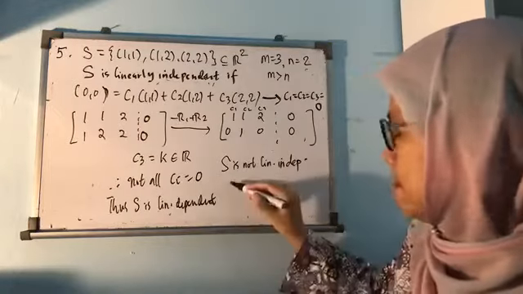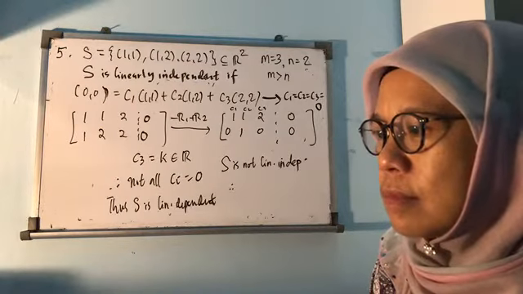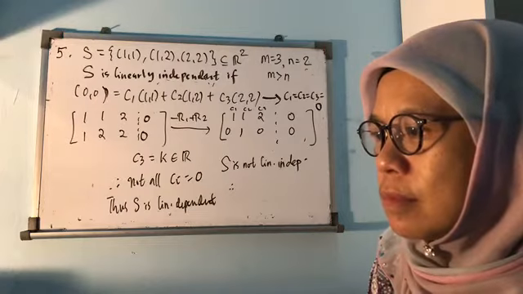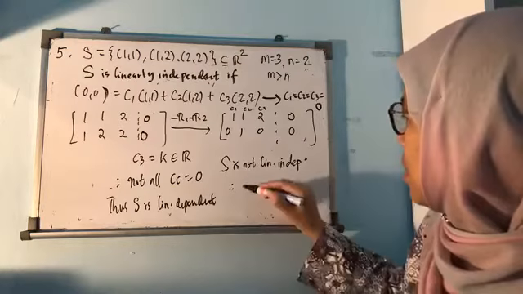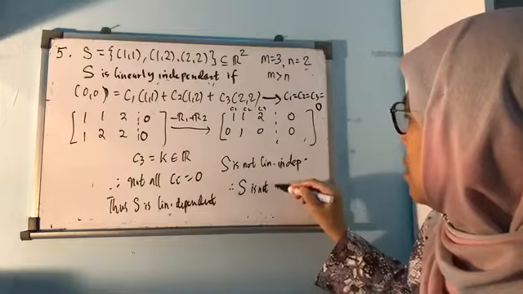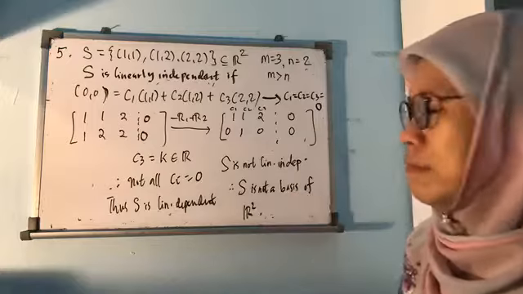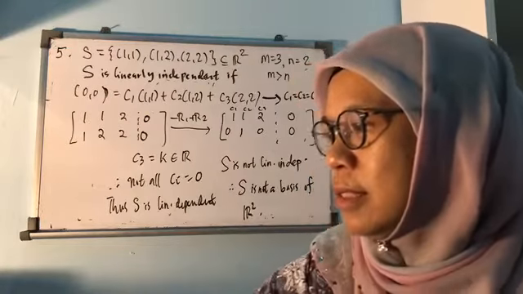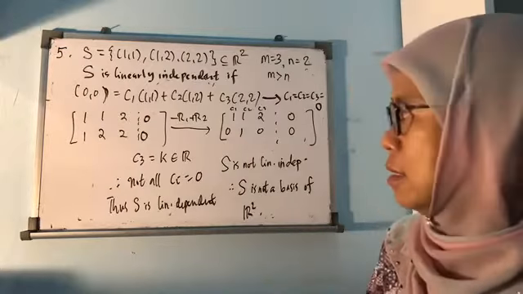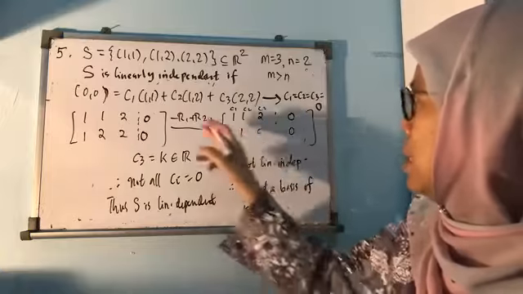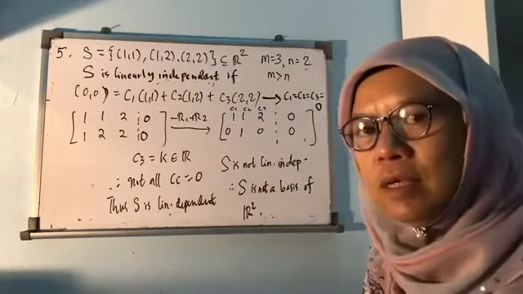Right. Therefore, S is not a basis of R. Okay, actually this is not difficult if you really understand what you should show and what it means by the linear combination and also system of linear equations.